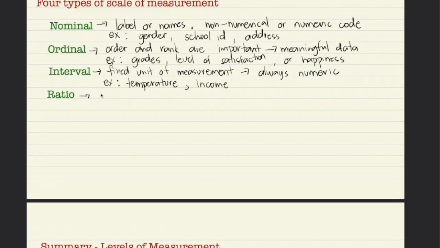And last is the ratio. It contains all properties of nominal and ordinal and interval. Meaning, the ratio of two values will provide meaningful data.